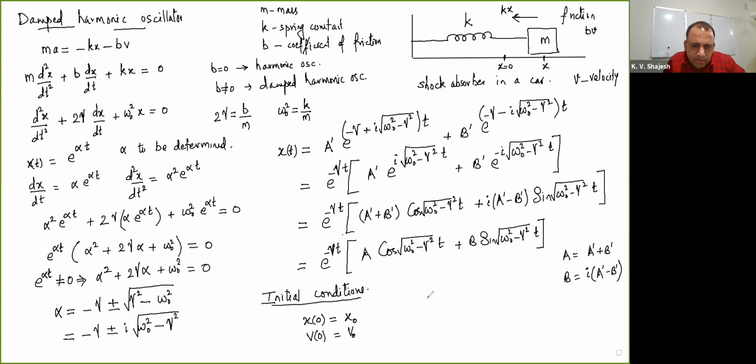So the frequency of oscillation is square root of omega naught square minus gamma square, which is less than omega naught. So if you have damping, the frequency of oscillation is slightly smaller.